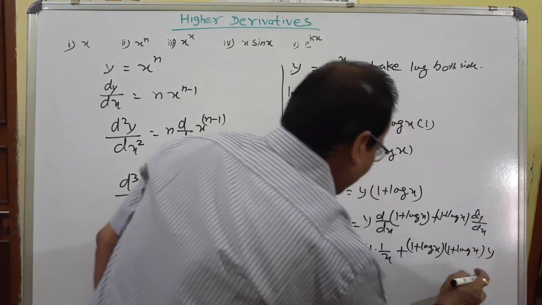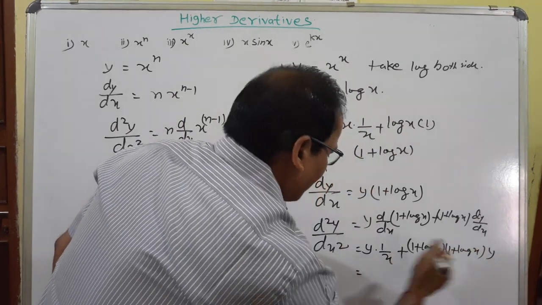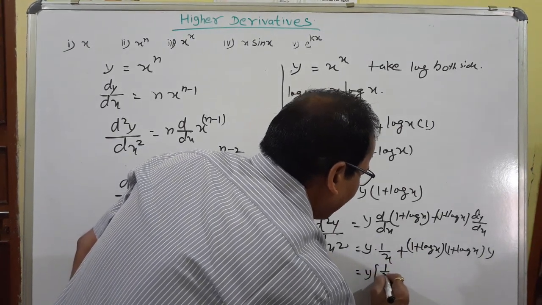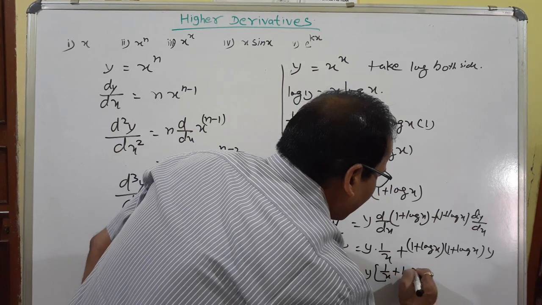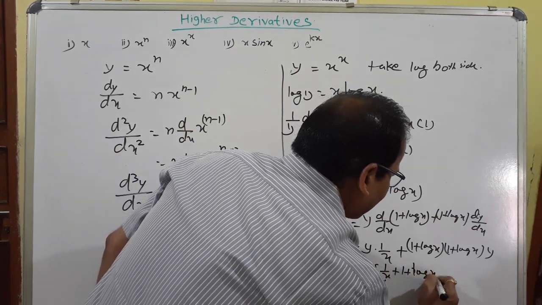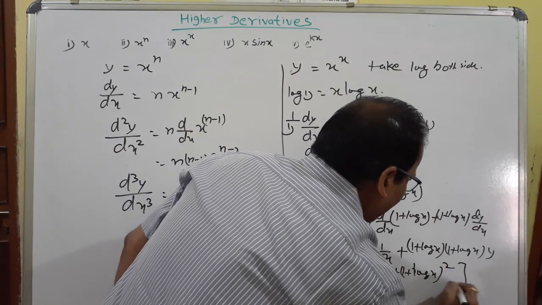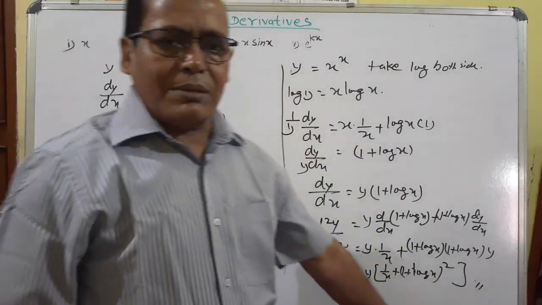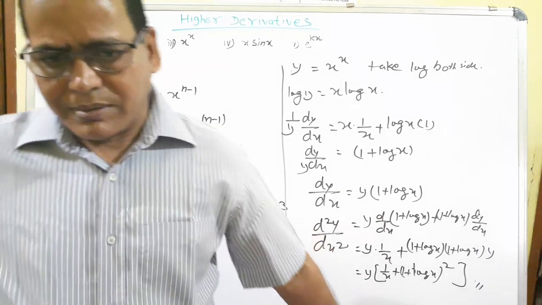Taking y common, you will get y times 1 by x plus 1 plus log x whole square, and this is the final answer for the second order of derivative.